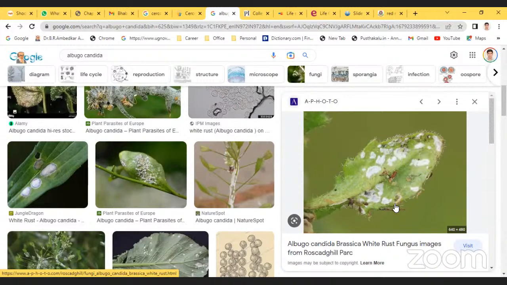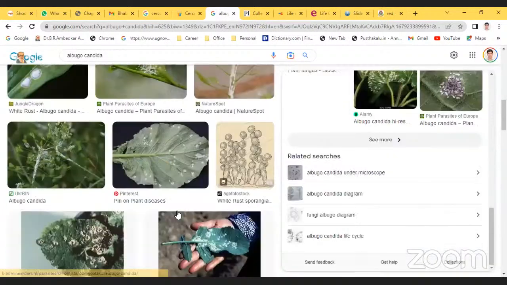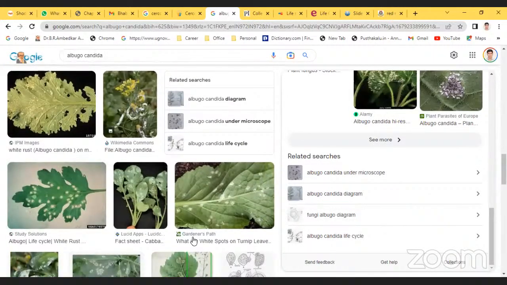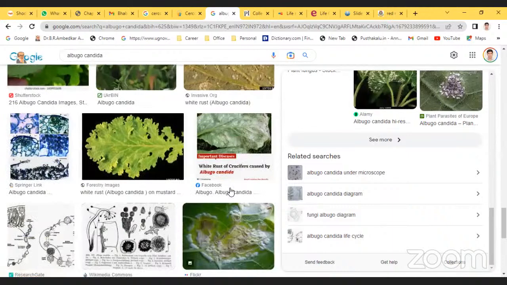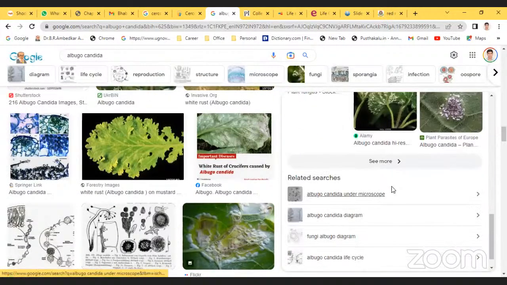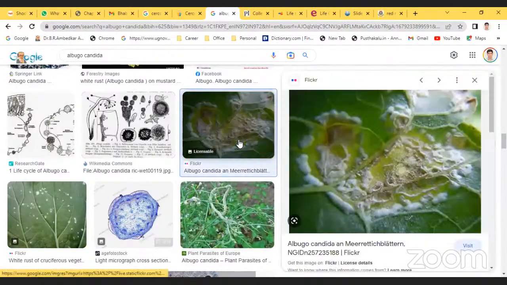Observe these diagrams. The disease name is white rust.